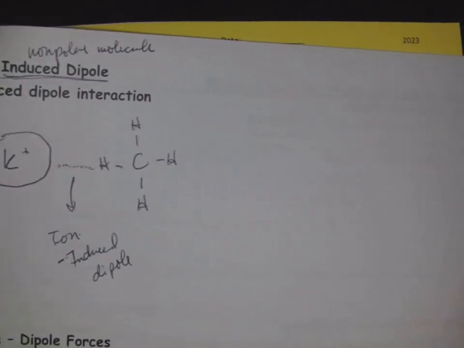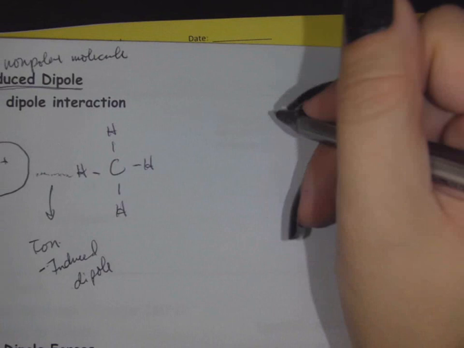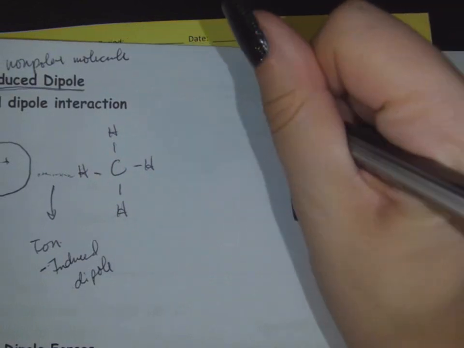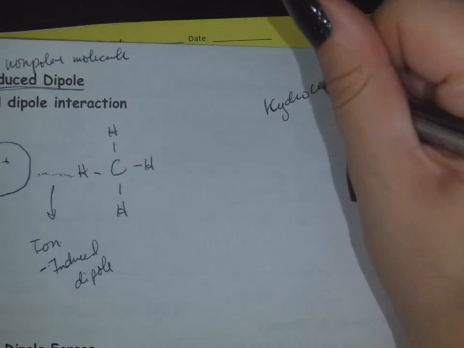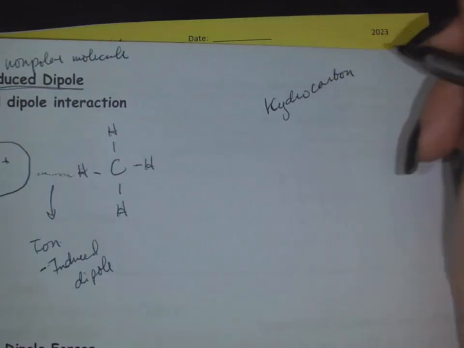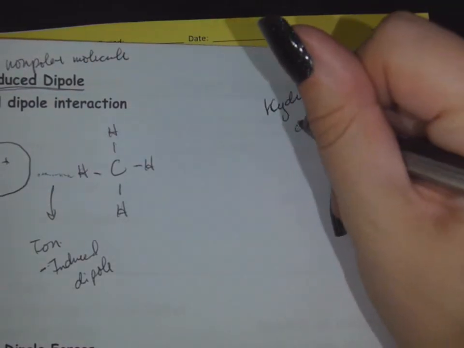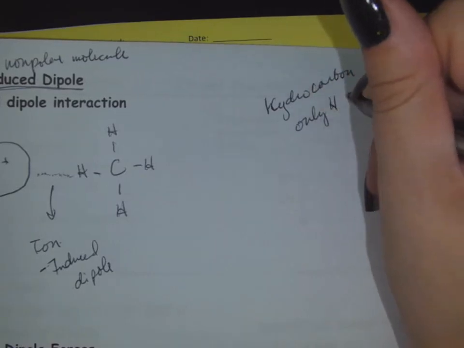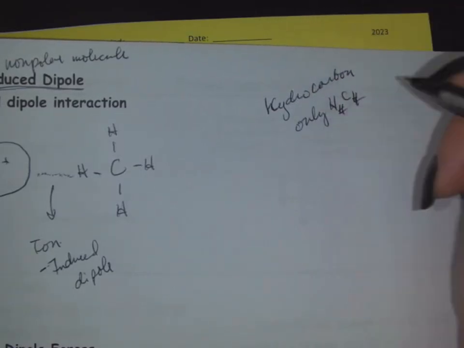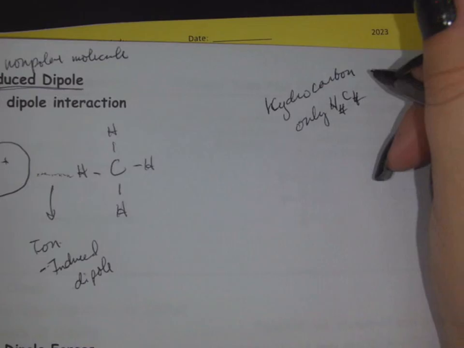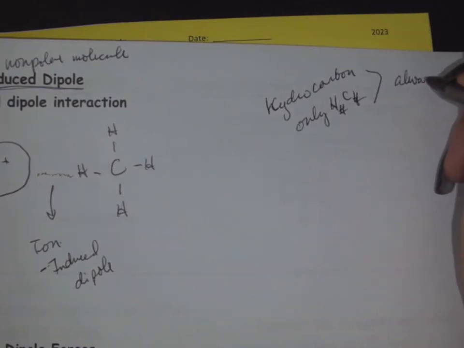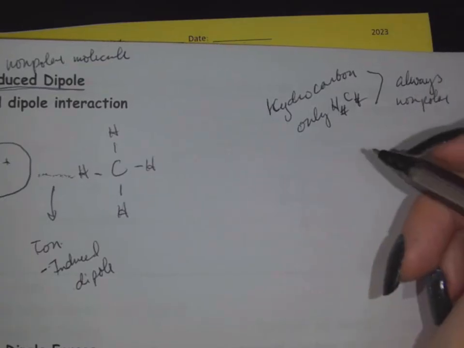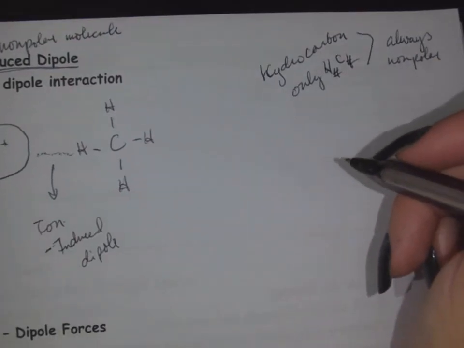Something I noticed on your last test, please, if you have hydrocarbons, these are molecules that contain only hydrogen and carbon. Doesn't matter how much, but they're only hydrogen and carbon. Those molecules are always nonpolar. So I'm not really worried about what the shape is.